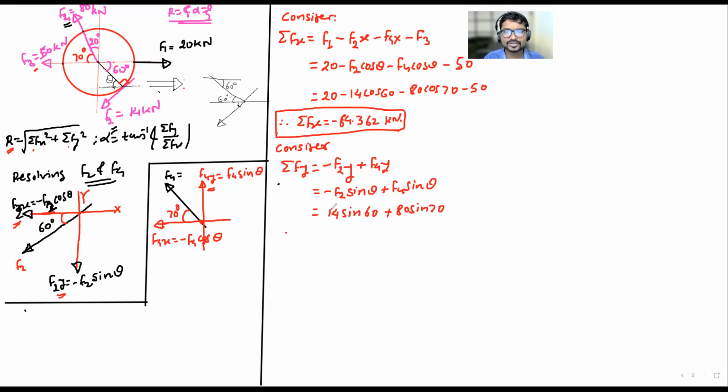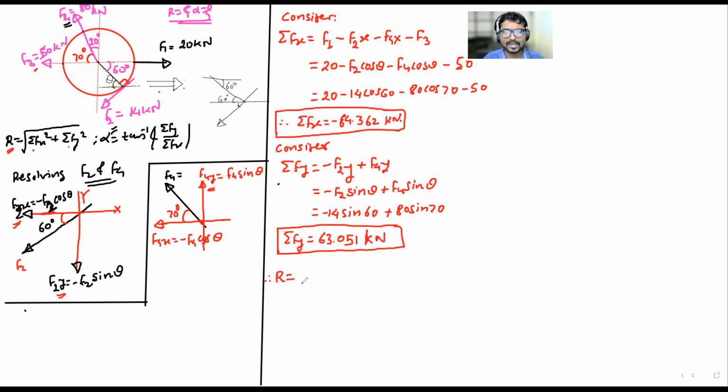So what is the summation of forces along the y-axis? 63.051 kilonewton. Are all of you getting the same answer? Yes, sir. Great. Then calculate R; we'll show the resultant at the last.